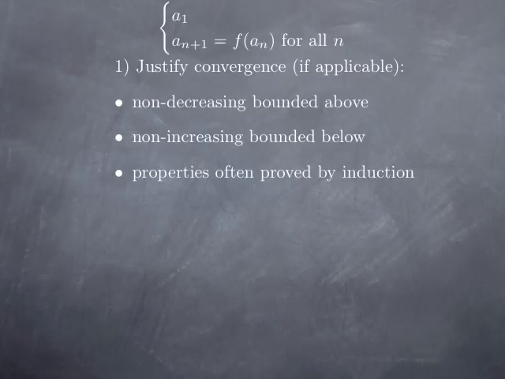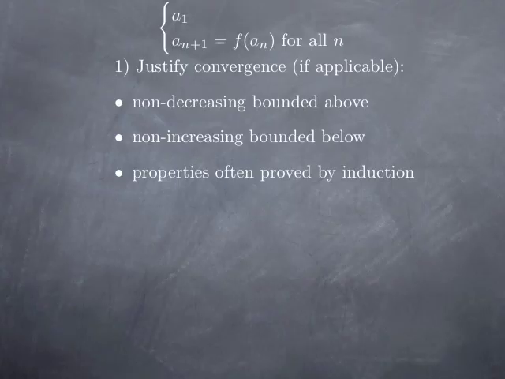And to find the limit, of course, we would have to first justify that it is convergent. It might be that such a sequence is divergent, then we have to justify that. To justify convergence, very often we're going to either show that the sequence is non-decreasing and bounded above, or non-increasing and bounded below.